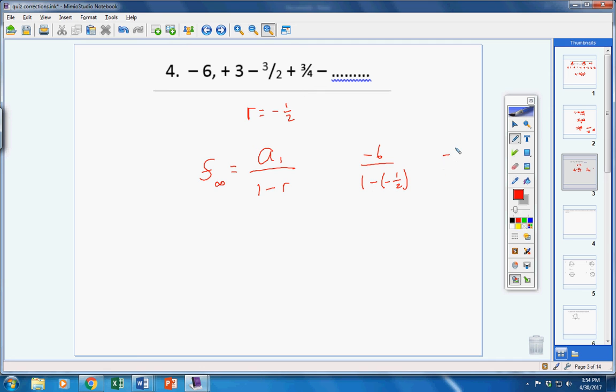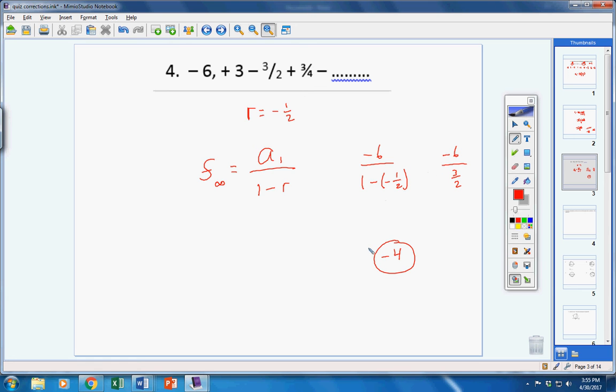So I really have negative 6 over 1 plus 1/2, which is 1 1/2, or 3 over 2. Negative 6 divided by 3 over 2 is negative 4. So there's your sum. Your sum is negative 4.